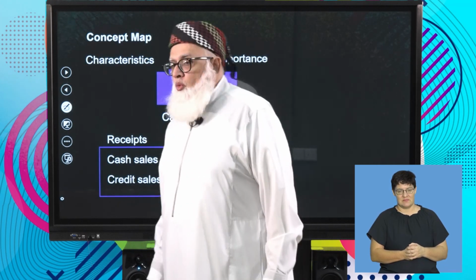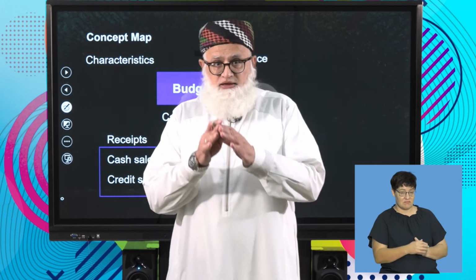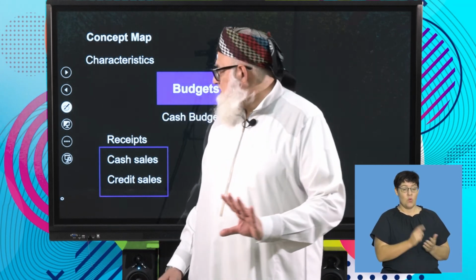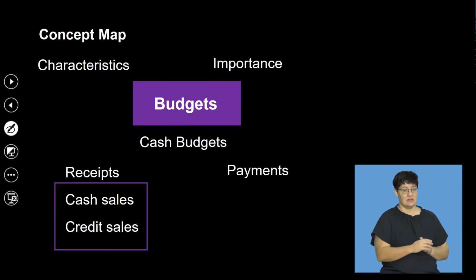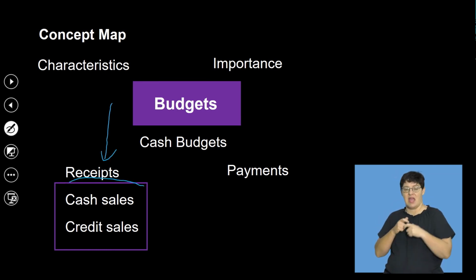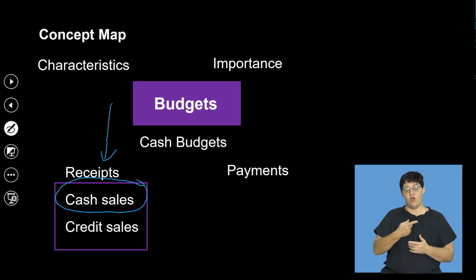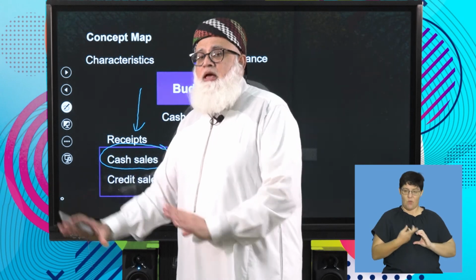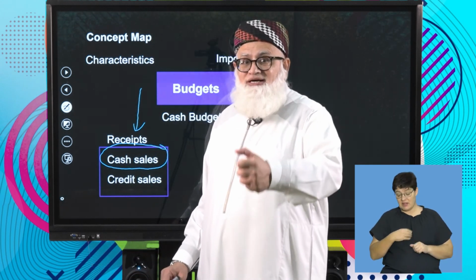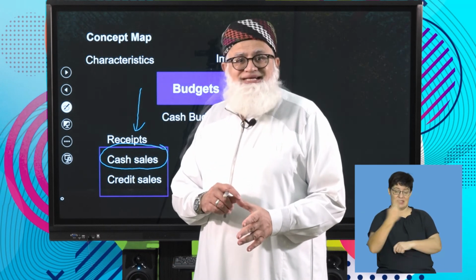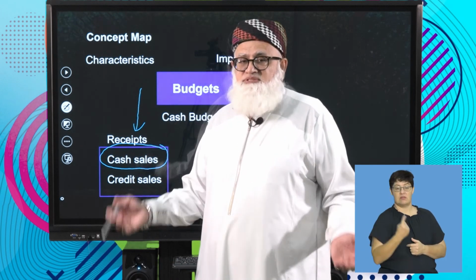If we summarize what we have done in the first segment of our lesson today, we've spoken about the sales budget and how it impacts on my receipts in terms of the cash sales. That one is self-explanatory because those are goods that you're selling for cash. However, when it comes to the credit sales, it's not a case of just selling to anybody that comes and asks you for credit.